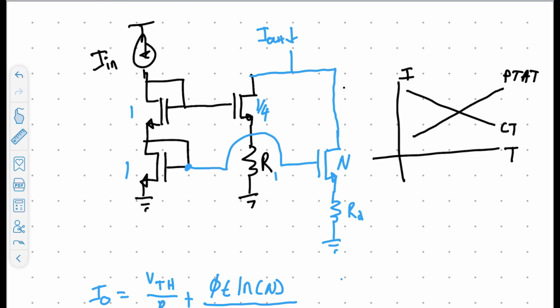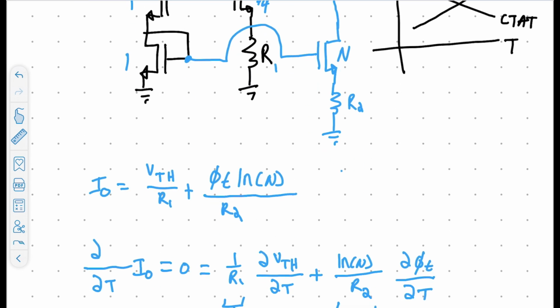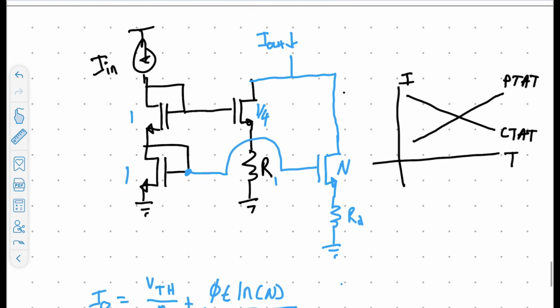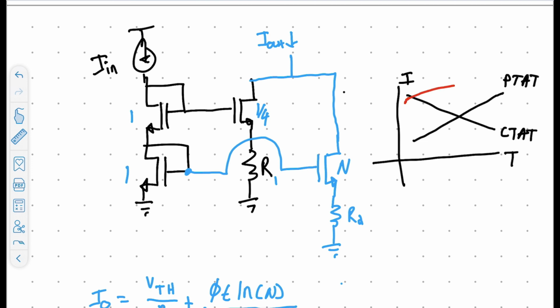And by setting these ratios of N, R1 and R2, we're tuning these slopes, and ultimately we're going to sum up those currents and get something that's nearly flat with temperature. It's not going to be perfectly flat. There's going to be a little bit of a curvature due to higher order effects, but it would look something like that. And you could get a pretty solid current this way without having to generate it from some sort of architecture that's feedback loop based, such as a beta multiplier reference.